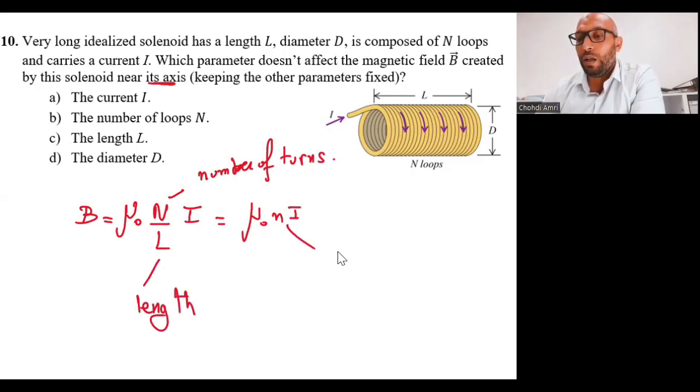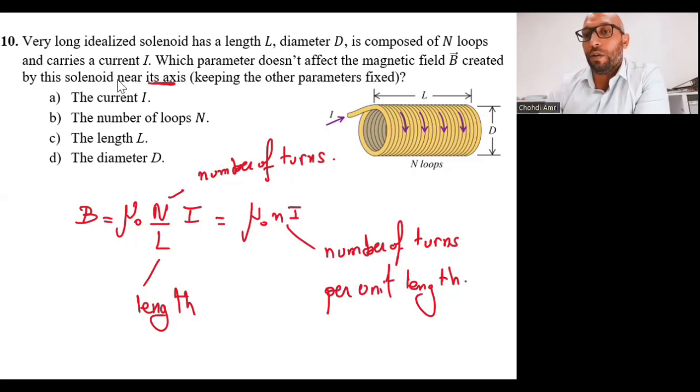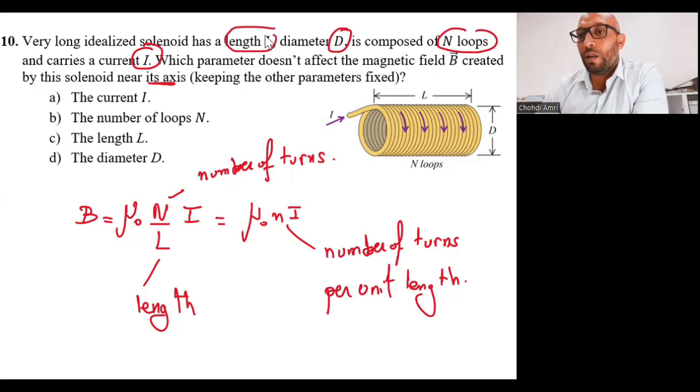What do we call the small n? It is the number of turns per unit length. Okay, in our case, we want to discuss the magnetic field as a function of the current, of the diameter, of the number of turns or loops, and of the length.